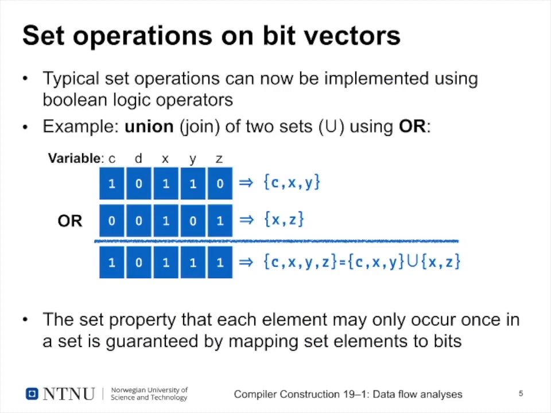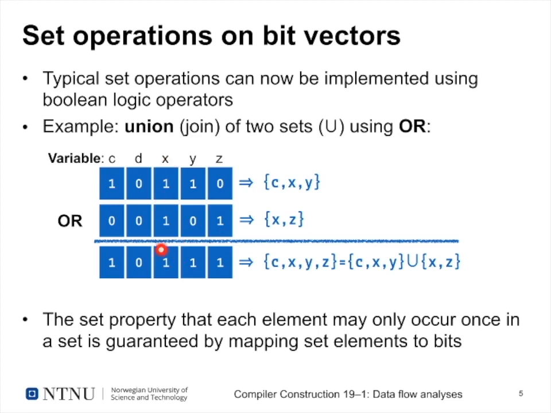When we want to do set operations on bit vectors, we can implement the typical set operations using Boolean logic operators that we already know. For example, we have a union operator of two sets, and this union operator can simply be implemented using the OR operation. If we have two sets, CXY as we've seen before, represented by 1, 0, 1, 1, 0, and another set X and Z, represented by 0, 0, 1, 0, 1, we can simply do a bitwise OR, so 0 or 1 is 1, 1 or 1 is also 1.